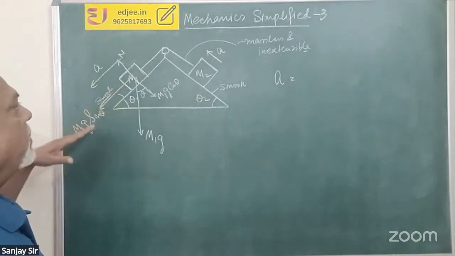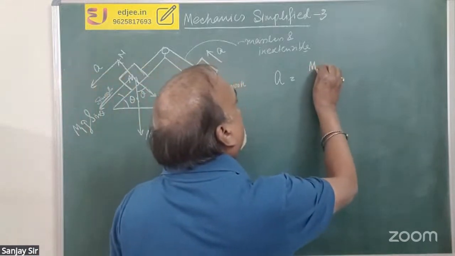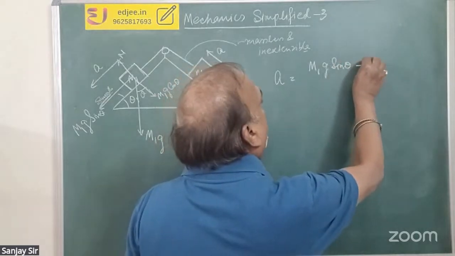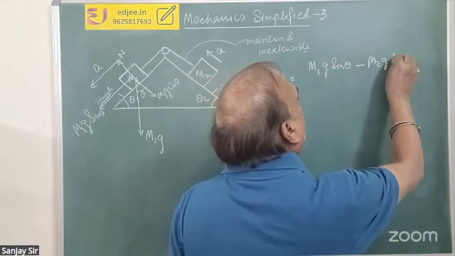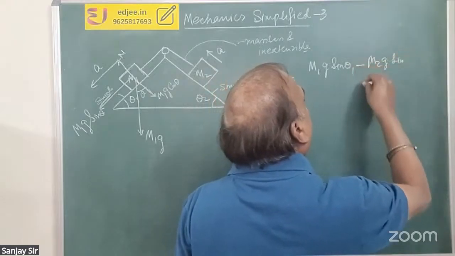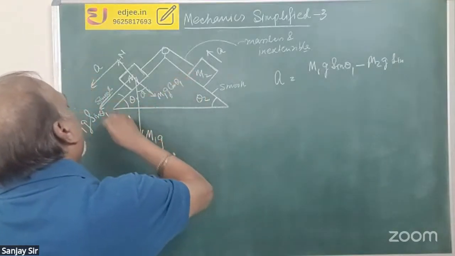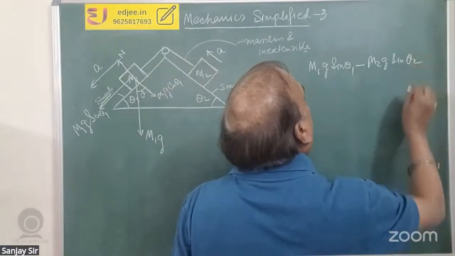That means the net force is M1 G sine theta minus M2 G sine theta 2. Suppose this is theta 1 and this is theta 2.